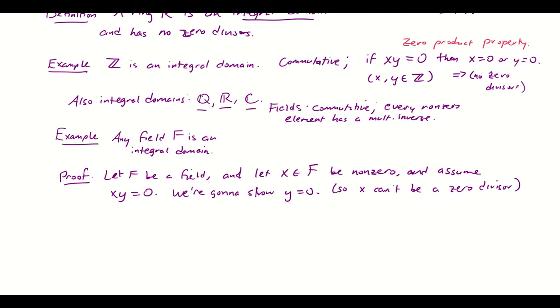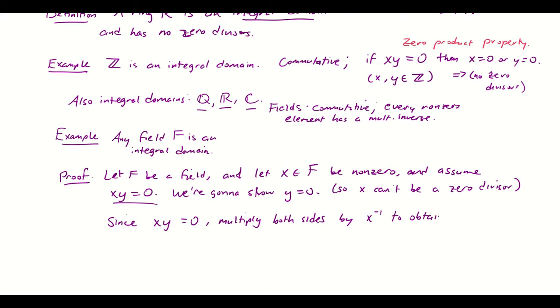So the way we're going to show that is we're going to start by assuming xy equals 0. We've assumed that. So since xy equals 0, we can multiply both sides by a multiplicative inverse of x, since we assumed x is non-zero, and we're in a field, therefore x has a multiplicative inverse.